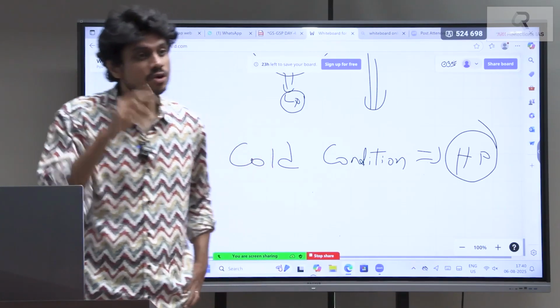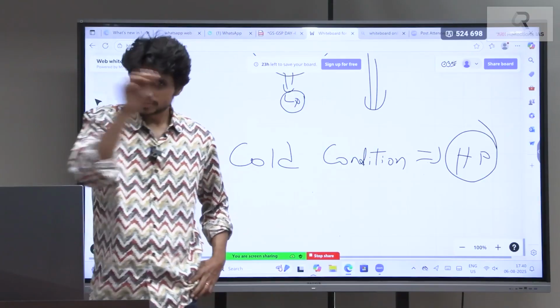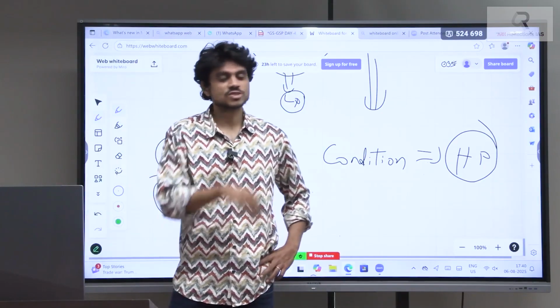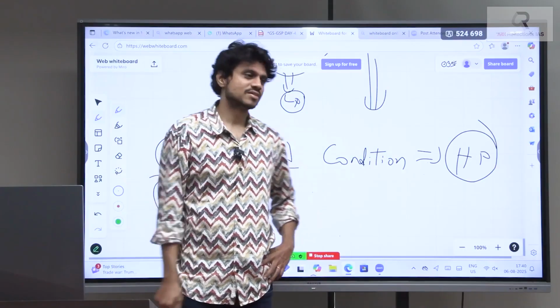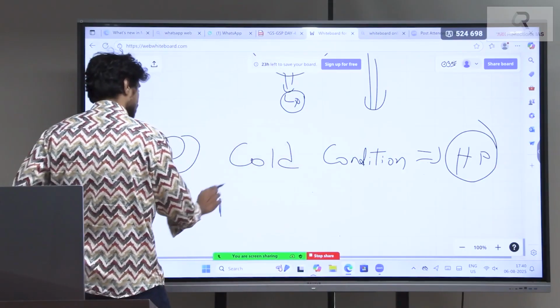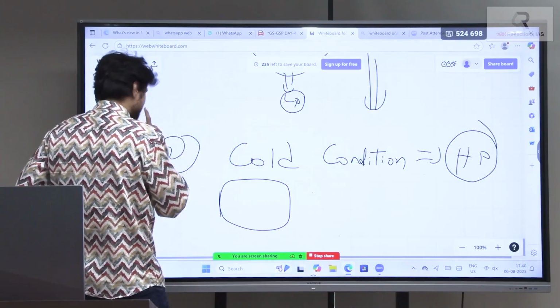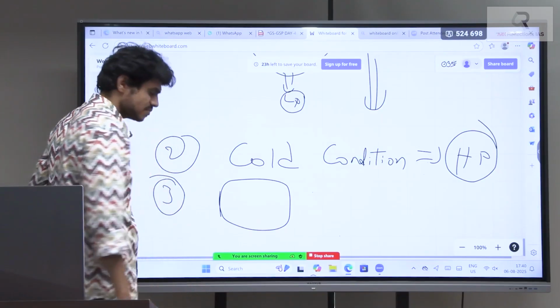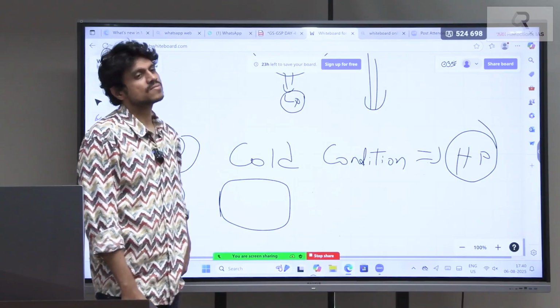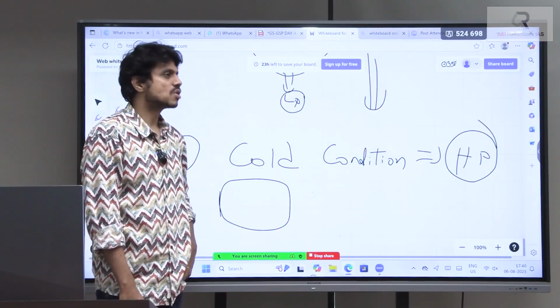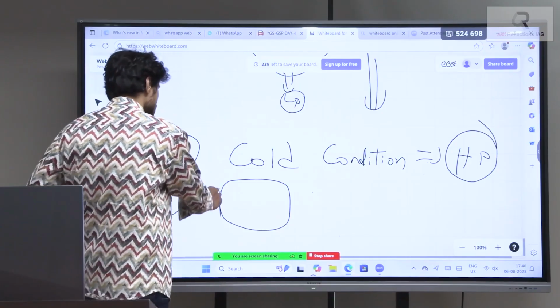West to east circulation, what is that circulation called?